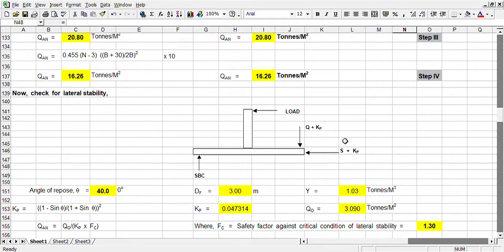In this figure, you see this is the horizontal load from this side, and this side is also loaded by net superimposed load plus earth pressure. And this foundation has shear strength of soil and earth pressure. So how can it be derived?